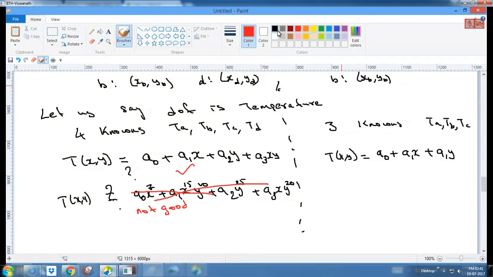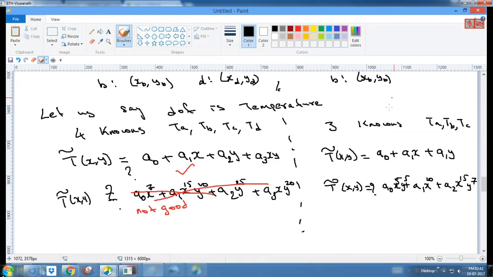Similarly, here also we can write this temperature field. This is an approximation. We can write this approximation in the form of A0 X to the power of 5 plus Y to the power of 5, A1 X to the power of 20 plus A2 X to the power of 15 Y to the power of 7, or whichever form it is.